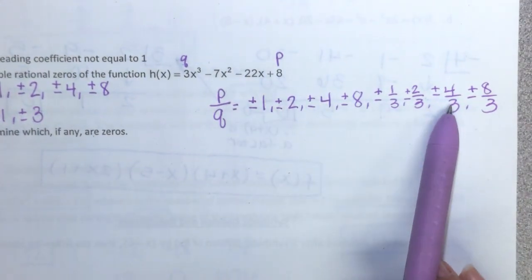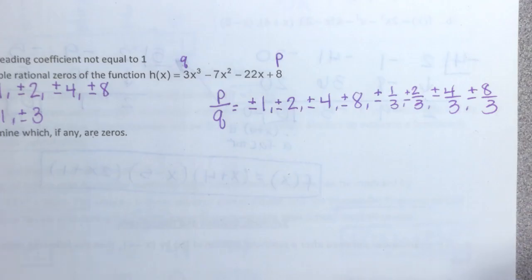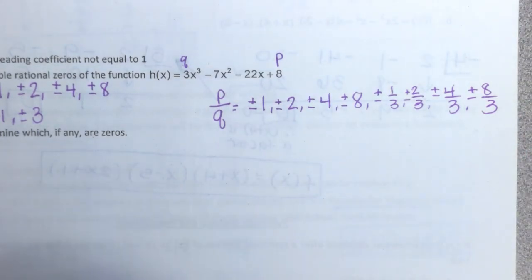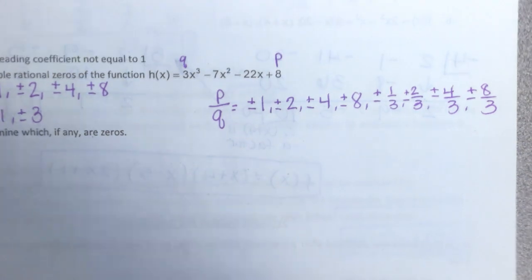Are we going to have one like this on the test? I will not give you one with this many. On the homework, I will. So, are you going to want to sit there and try out 16 different synthetic divisions? No. On your homework, what do you have access to? Don't use ChatGPT. Use Desmos.